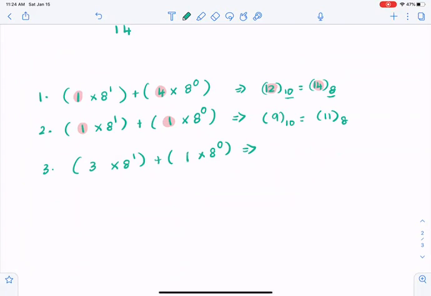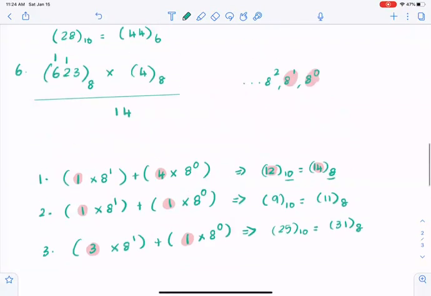So 1 times 8 raised 0 is 1, and 24 plus 1 is 25. So 25 in base 10 would be equal to 31 in base 8. So I simply put 31 in base 8.